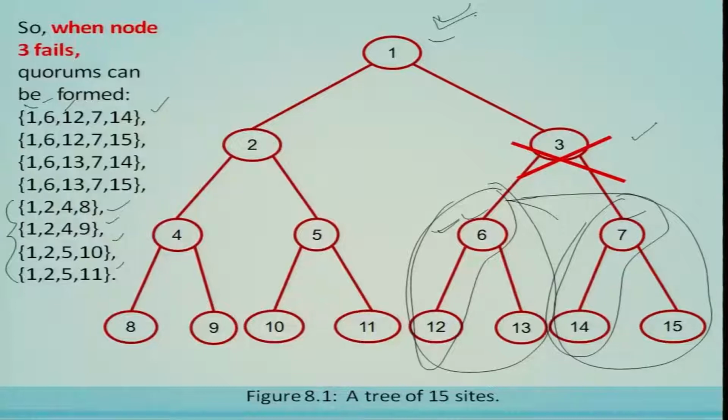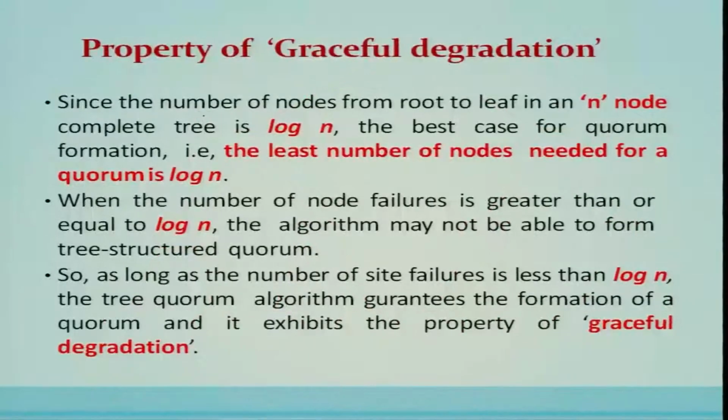Then 1, 6, 12, then 7 and 15, then 1, 6, 13 and 7, 14, and 1, 6, 13 and 7, 15. All these cases are listed over here. So when node 3 fails, quorums are still formed, 8 quorums in this particular case.